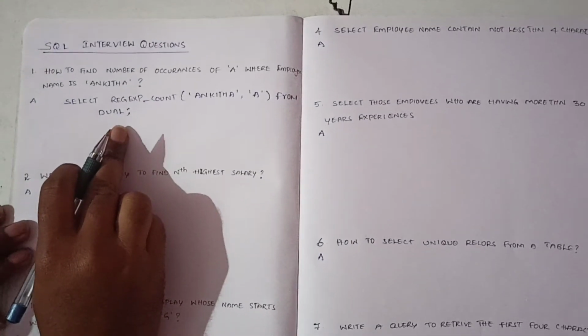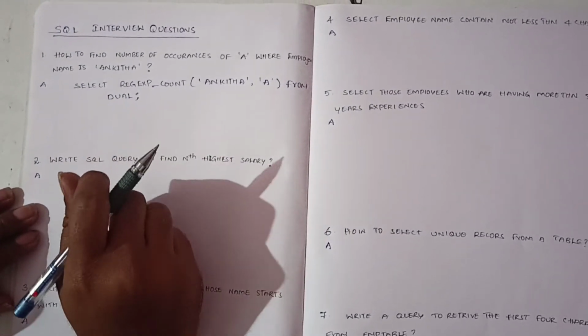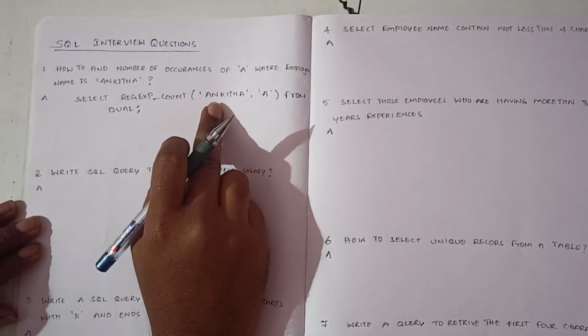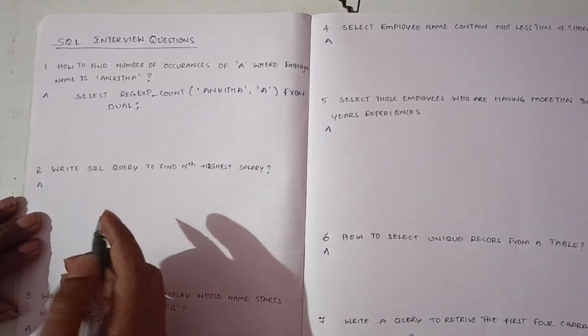By using this query we are going to get how many A's are there in the name called Ankita.